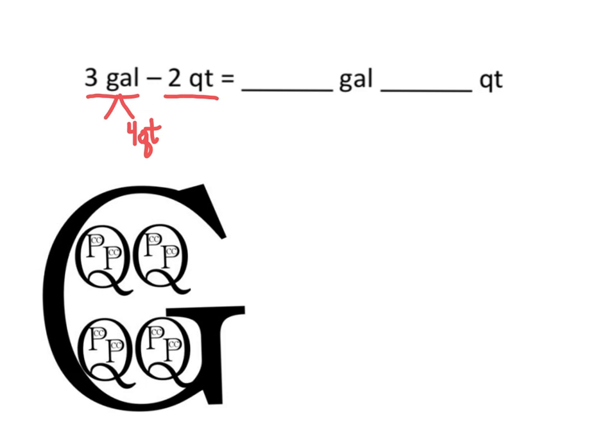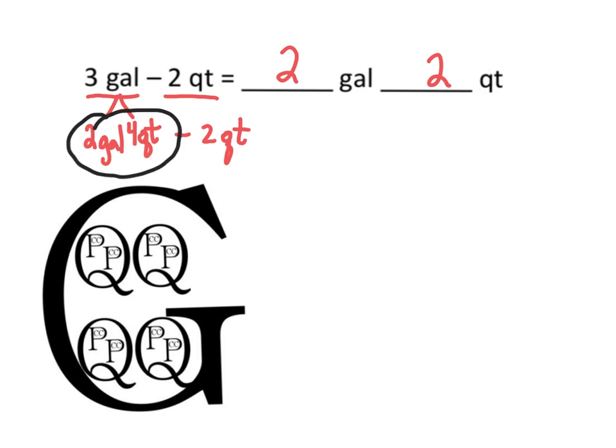And because I pulled out those 4 quarts, I now only have 2 gallons, which is going to help us solve this problem. So we're left with 2 gallons, and 4 minus 2 is 2 quarts. This is a great way of solving this, just pulling out the quarts or the pints or the cups to help us get to the answer. But use the illustrations and the tables to help you along with this.